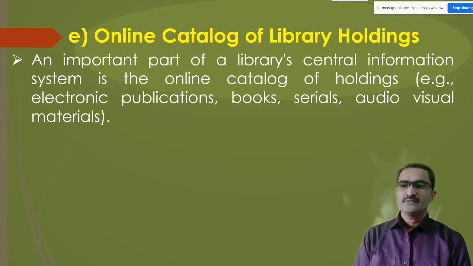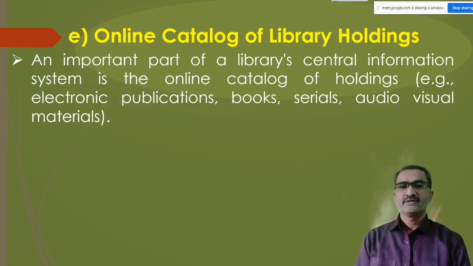In E part, you can see online catalog of library holdings. That is also one of the sources which can help the researcher, and it is an important part of the library's central information system, that is, the online catalog of holdings.